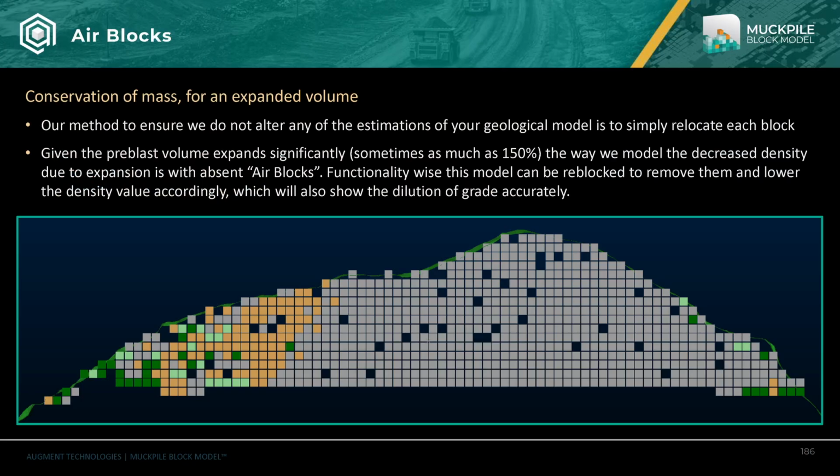But part of our relocation estimation is strategically blocking these air blocks such that when we talk about what material ended up in the highest part of the heave, the furthest part of the toe, we've got this perfect conservation of mass by limiting the volume it can move into.